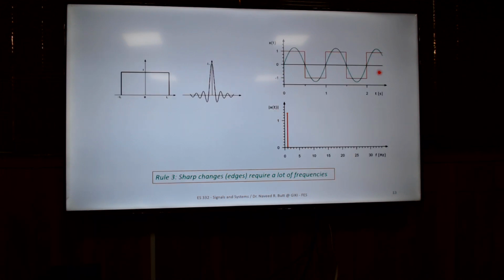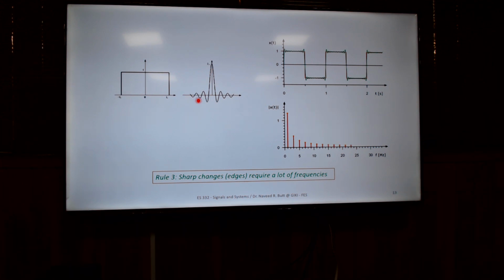Similarly here, look at this. This was a periodic square wave. Look at the Fourier transform, it's discrete. This is not periodic, it's a single pulse, it's not repeating. So look at its Fourier transform.